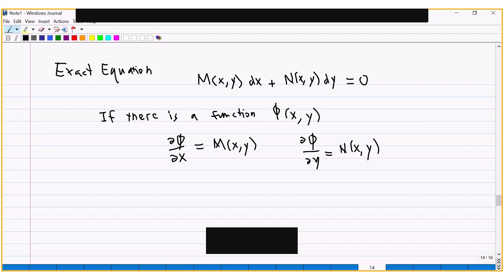If you have this function, then this equation is exact.